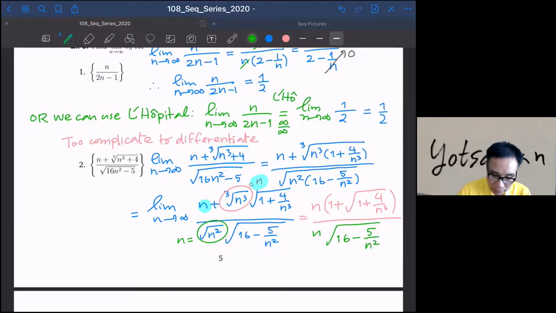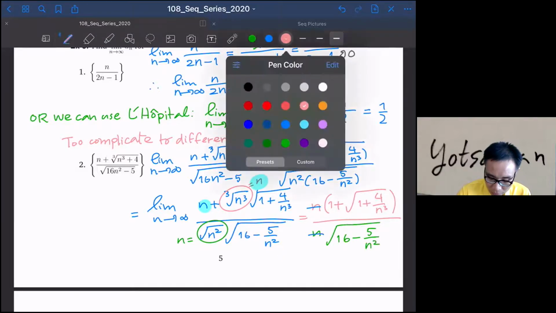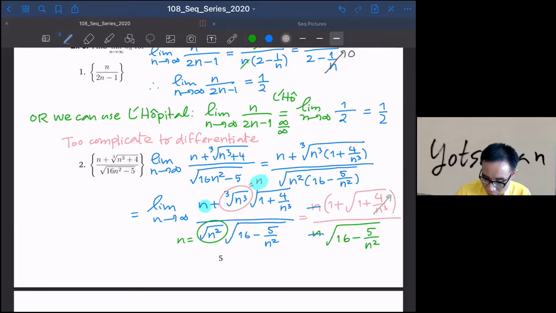The root of n cubed turns out to be just n, so you pull out n on top, and it's n times 1 plus the cube root of 1 plus 4 over n cubed. On the bottom you also have n, times the square root of 16 minus 5 over n squared. This n and this n get rid of each other nicely, and you take the limit as n goes to infinity. This term becomes 0, and this term also becomes 0. So it's going to be 1 plus 1 over root 16, so it's going to be 2 over 4, equal to 1/2.